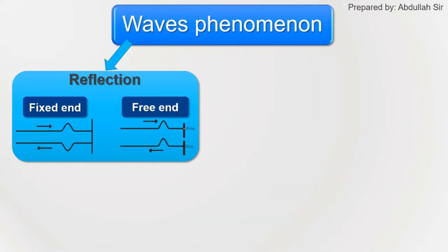When a wave is reflected from a fixed end, the crest will be reflected back as a trough, or if it is a trough, it will be reflected back as a crest. And if a wave is reflecting from a free end, the crest will be reflected back as a crest. This is the reflection which we have studied in one of our previous videos.